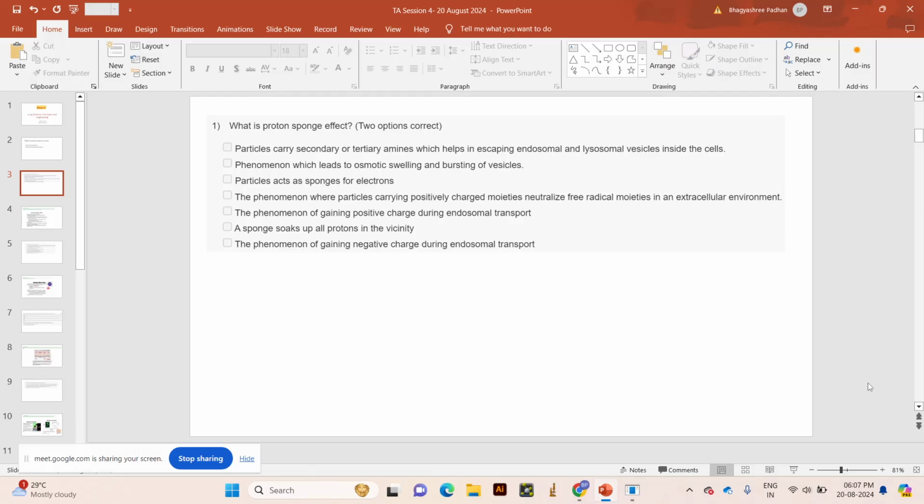What is proton sponge effect? You have to select two correct options here.